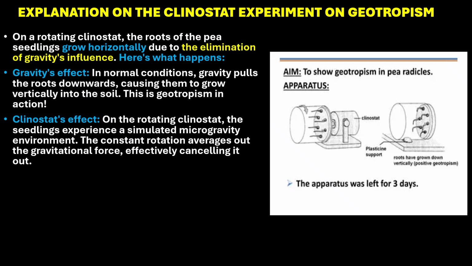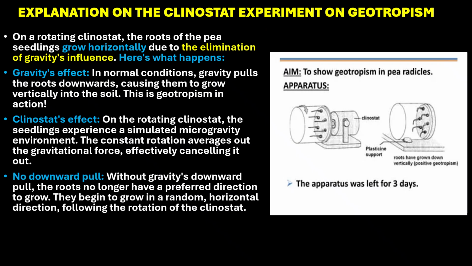The constant rotation averages out the gravitational force, effectively cancelling it out. Because the pot of plant was rotating, gravity could not influence the roots to grow downwards. That's what happened.